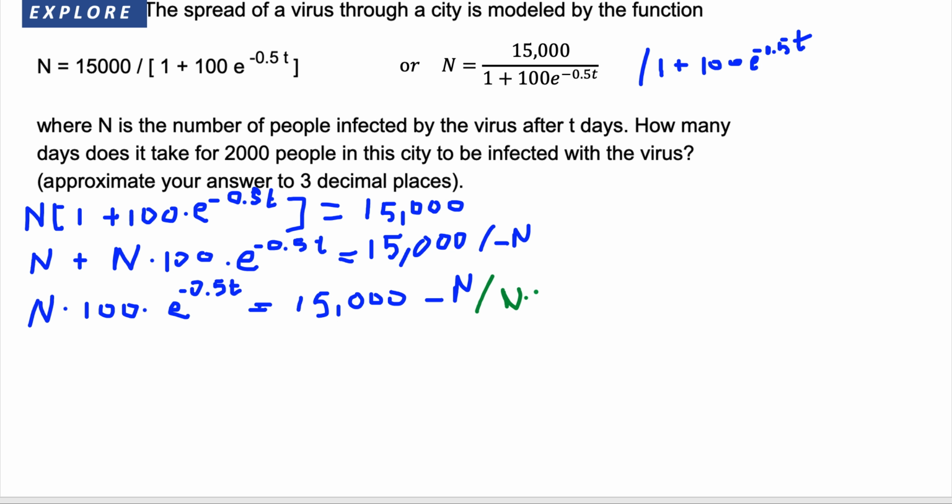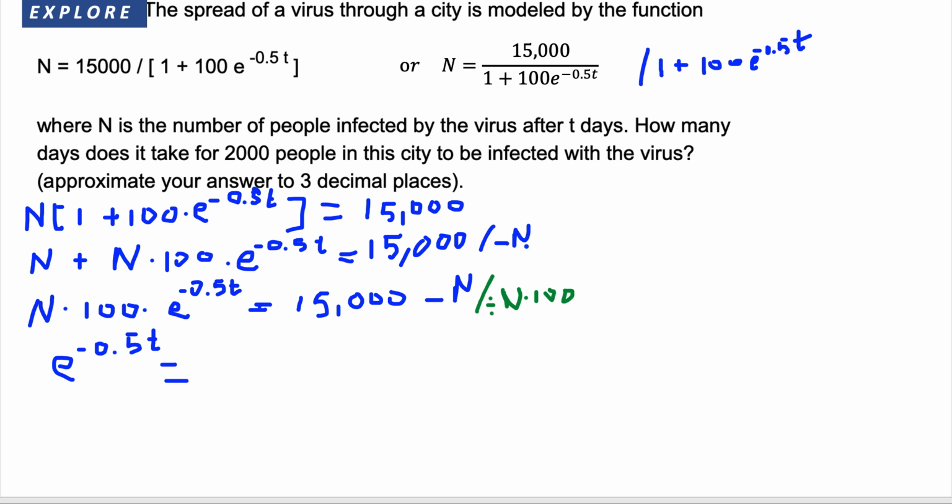N times 100 over N times 100 simplifies, and it remains just e to the exponent minus 0.5t, and on the other side remains 15,000 minus N over N times 100.